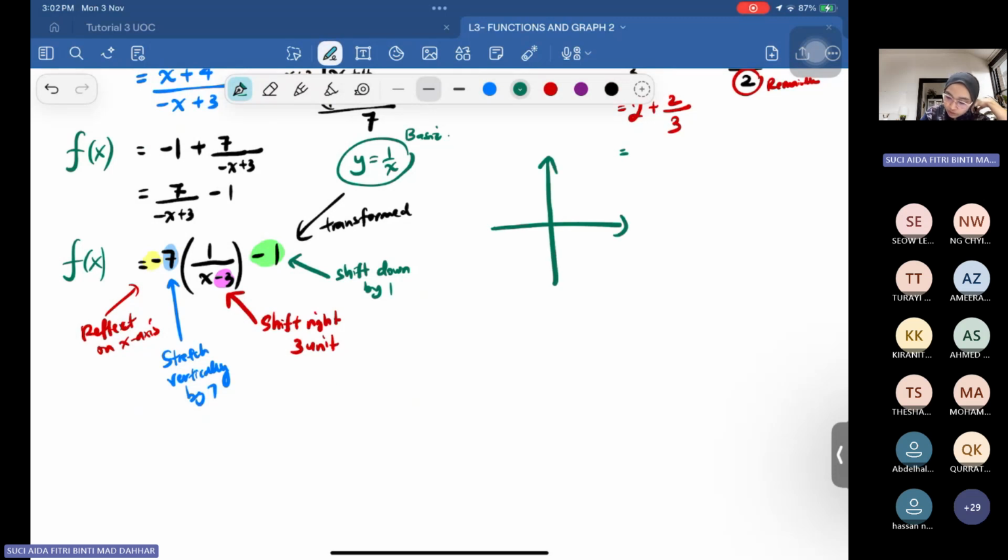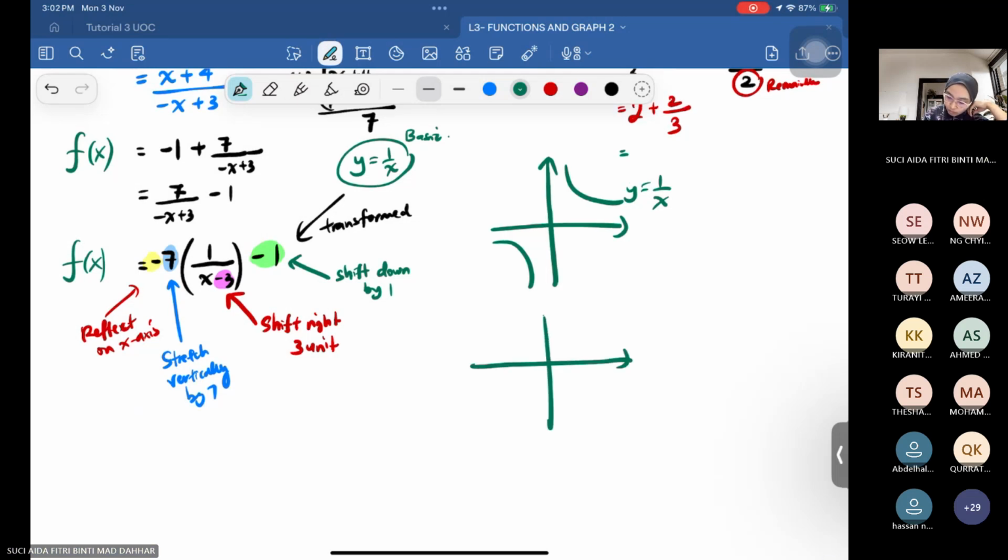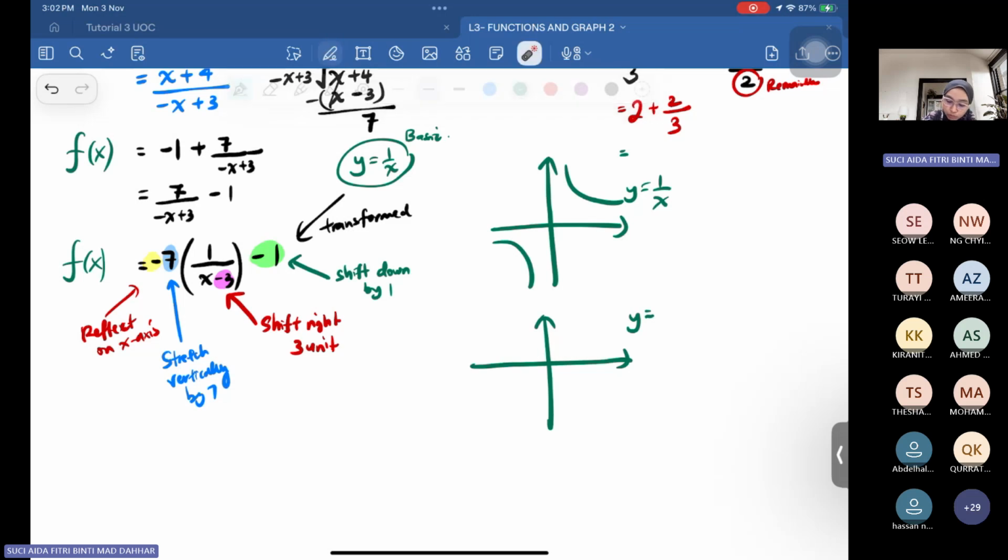So this is the original 1 over x. Now let me do the reflection first. When you reflect on the x-axis, your graph becomes... I'm going to do both the reflection and the stretching at once.